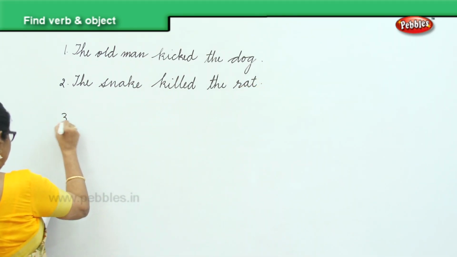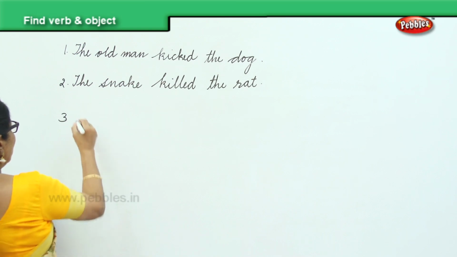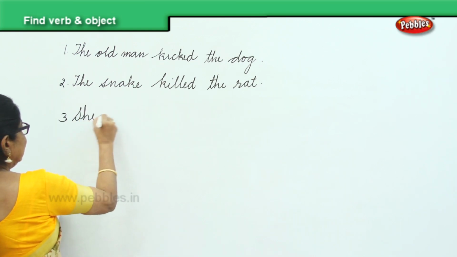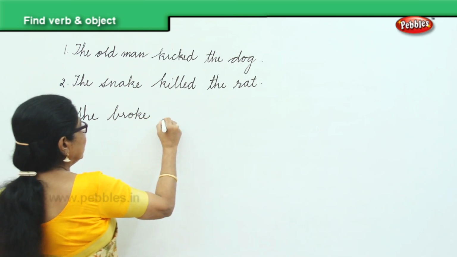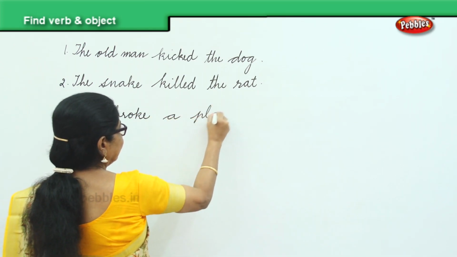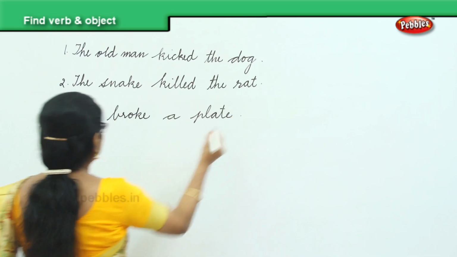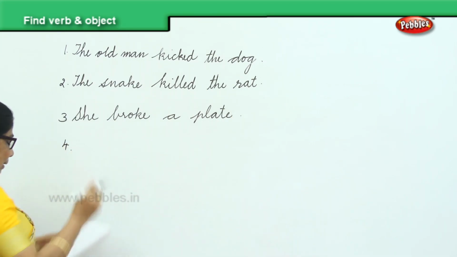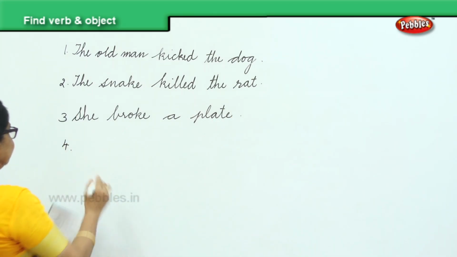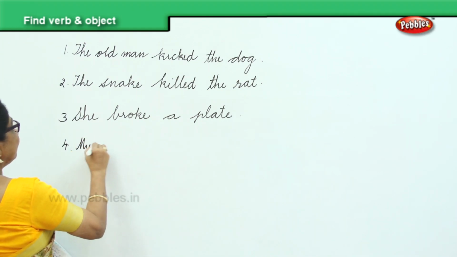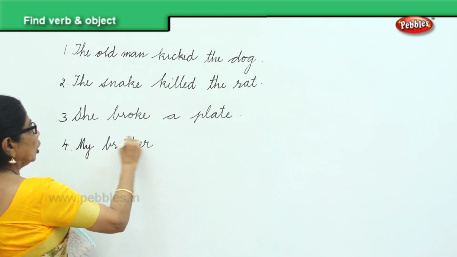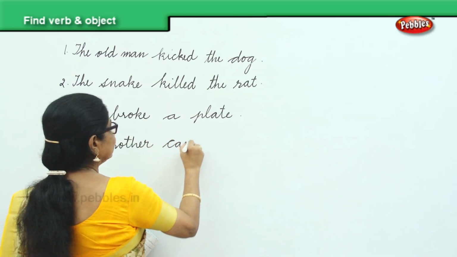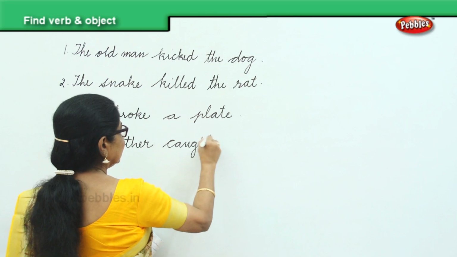Next we have, she broke a plate. And then you have another sentence here. My brother caught a bird.